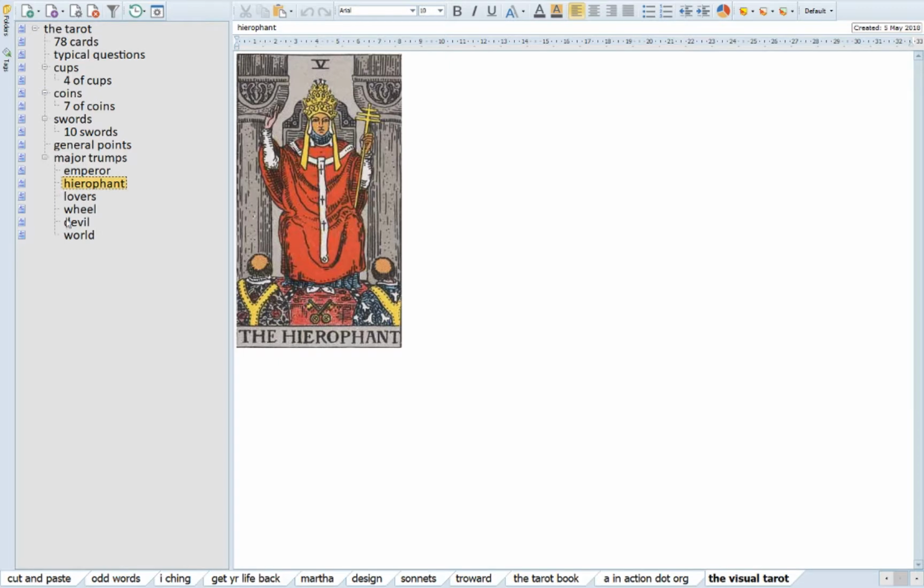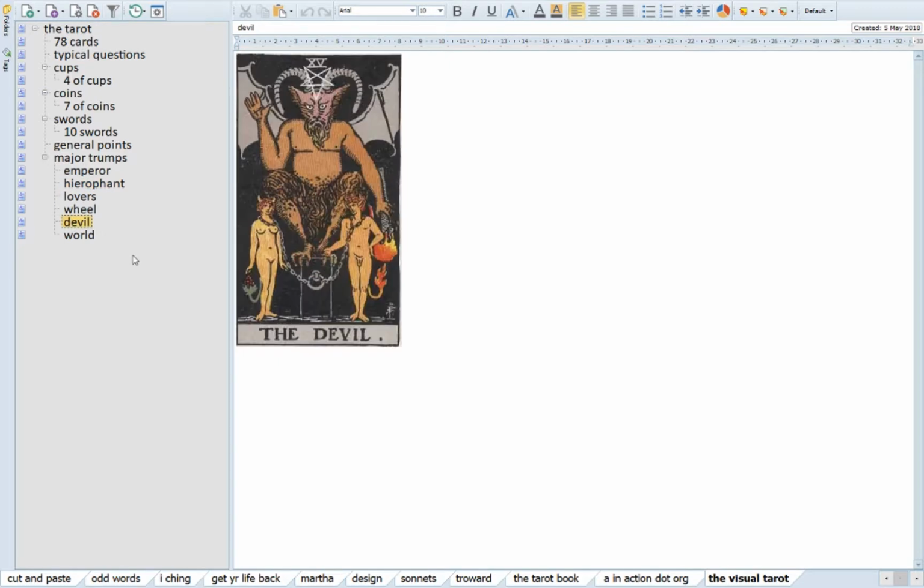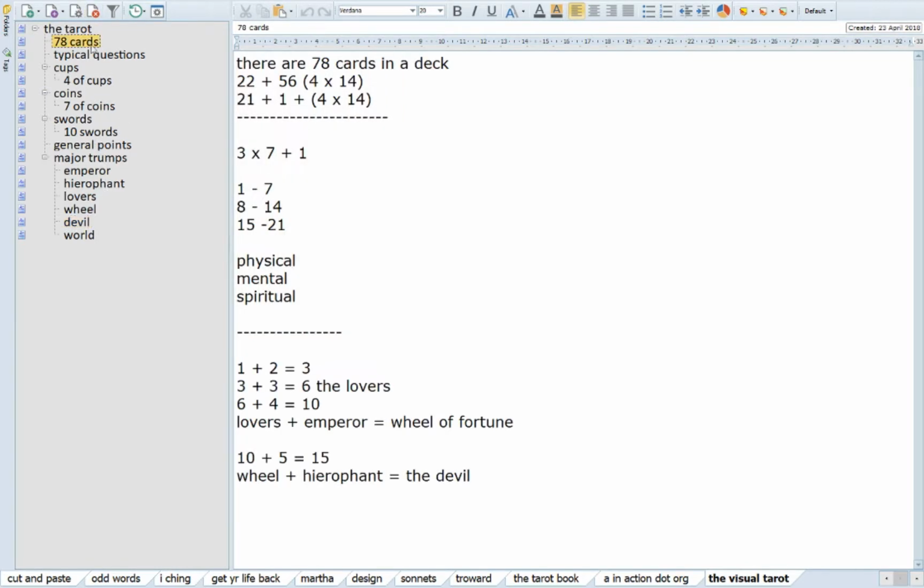But the problem with 10 and 5 is that it gives you the Devil, who represents restriction and confinement and maybe fear and the bad things, generally speaking, that we can say about the wheel, about life. So going back to 78 cards here, we've got the Wheel plus the Hierophant. You add a little bit of religion to life and you get the Devil.